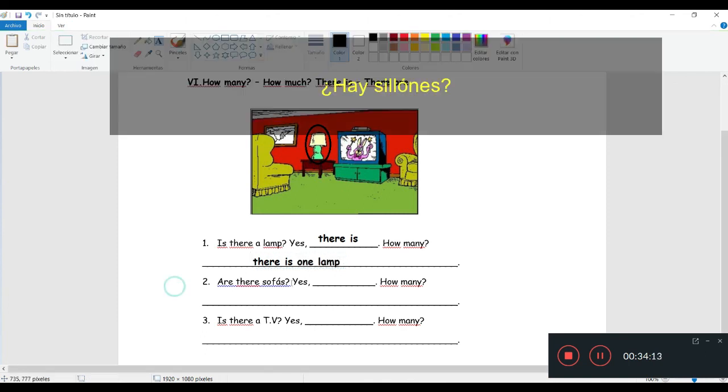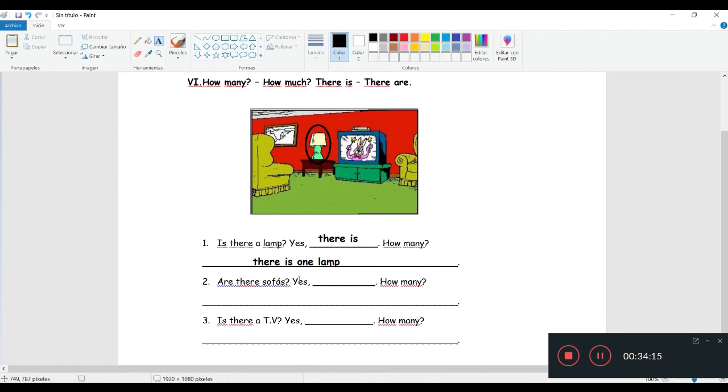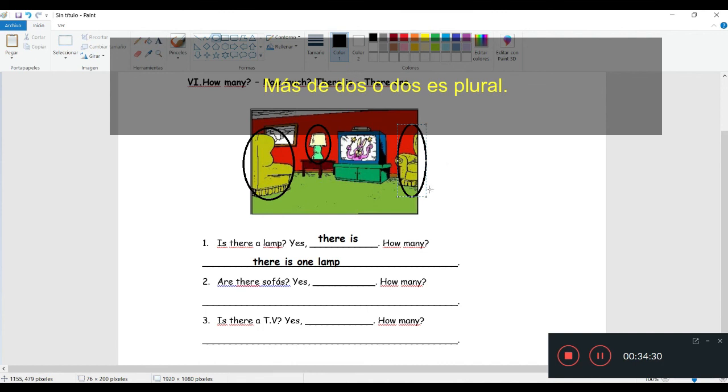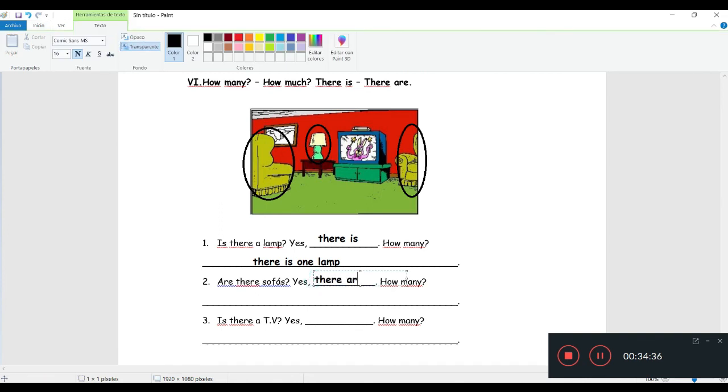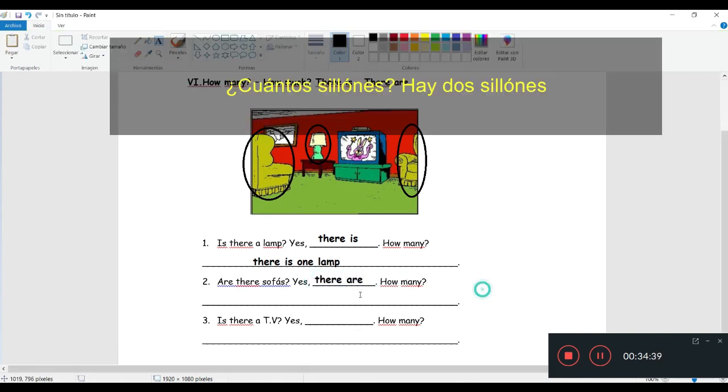Are there sofas? Where are the sofas? Here are the sofas. One sofa, two sofas. Is this singular or plural? More than two or two? Plural. So we have to answer with yes, there are. There are sofas. How many sofas?